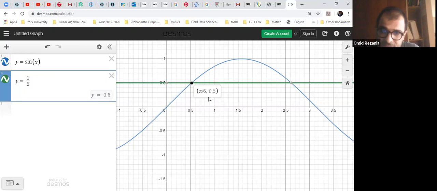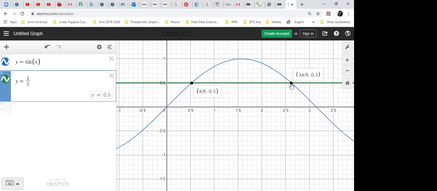But look at this, there's another point of intersection. What are the coordinates of the second intersection? 5 pi over 6. That's so true.